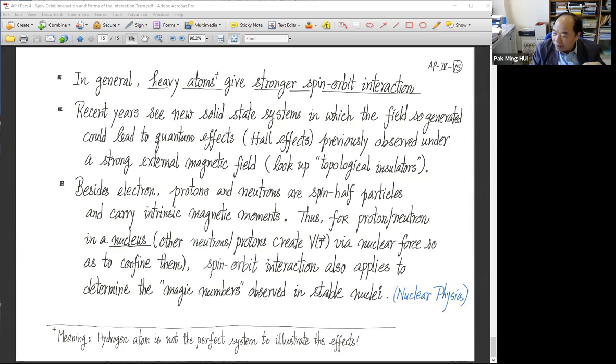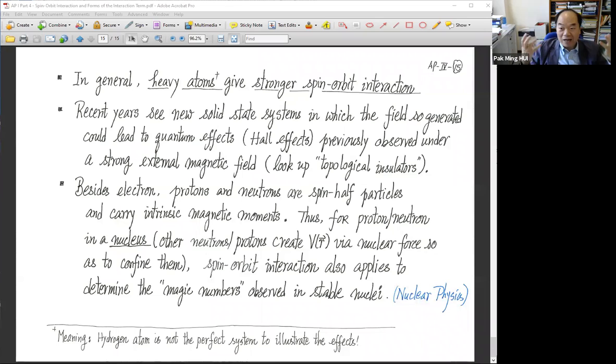For example, in recent months, a very hot topic in nuclear physics is that experimentalists are trying to study double magic number nuclei, meaning the proton number is a magic number and the neutron number is also a magic number. Will that be particularly ultra stable?